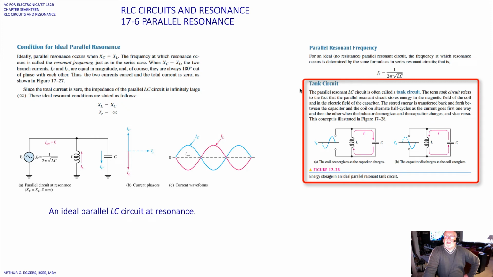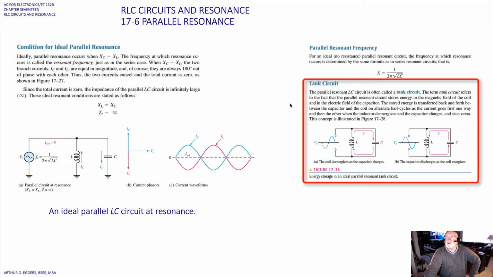A tank circuit then is a parallel resonant LC circuit. The term tank refers to the fact that the parallel resonant circuit stores energy in the magnetic field of the coil and in the electric field of the capacitor.